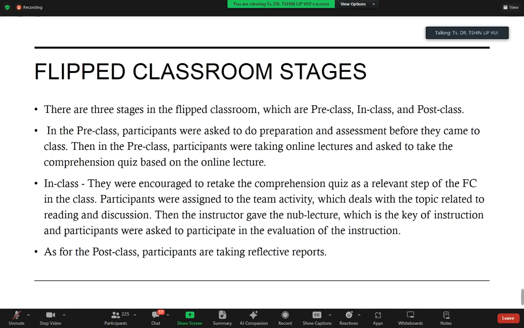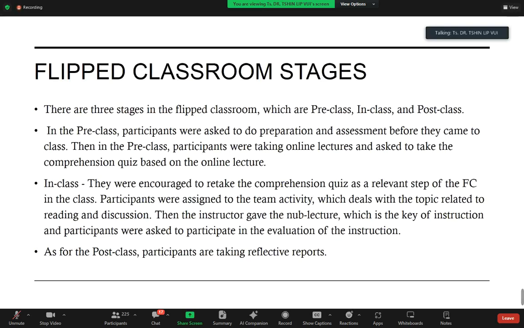This means that before the class, the lecturer or instructor will give exercises or activities about particular topics to be studied on the day. So students will learn at their own pace and study before they go to the class.